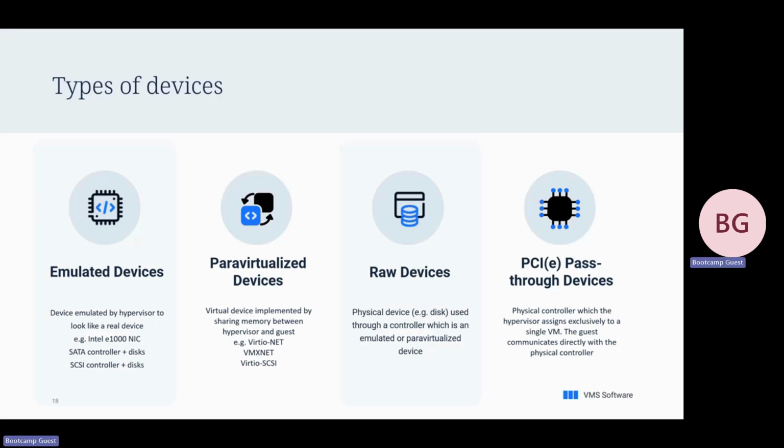Another type of device is a para-virtualized device. This is sort of like an emulated device, but it's an abstract interface that doesn't exist in reality. And this way, what you can avoid, for instance, is buffers being copied around. Typically, a physical device has its own buffer, and then you need some mechanism like DMA or programmed data I/O to fetch the data from the device's buffer and bring it into your system buffer or your application buffer.